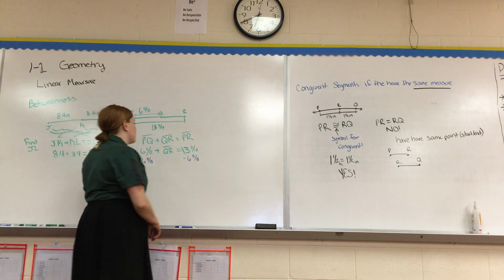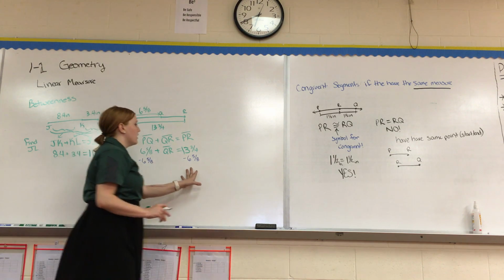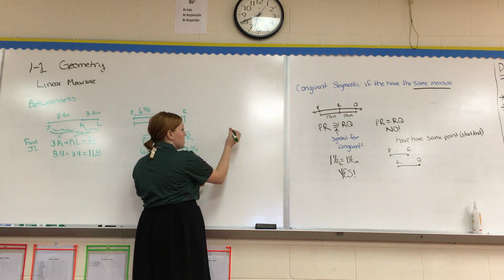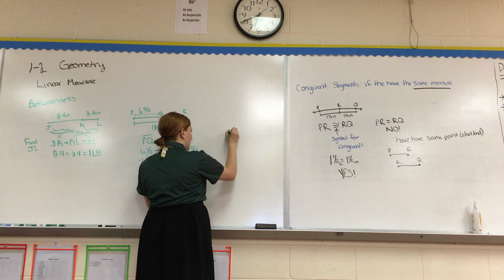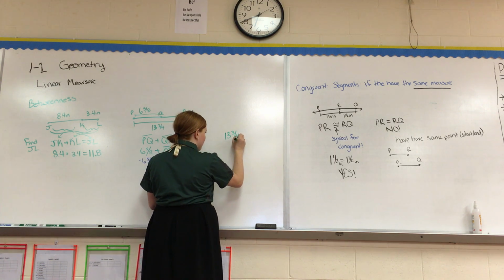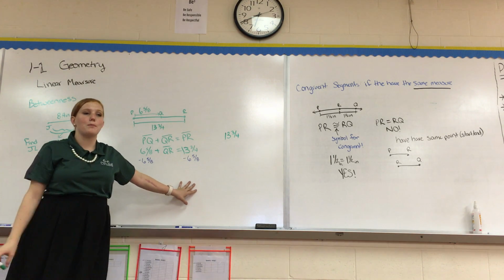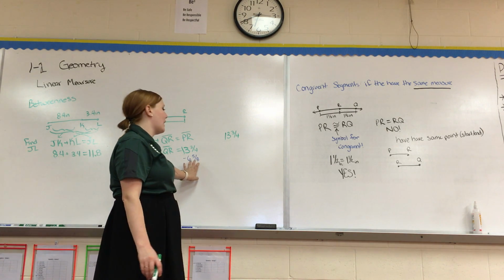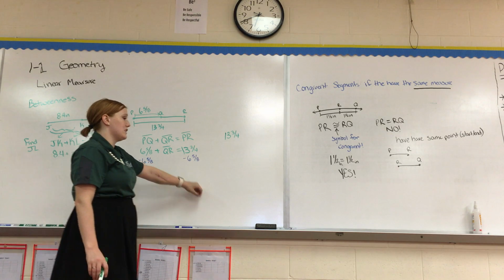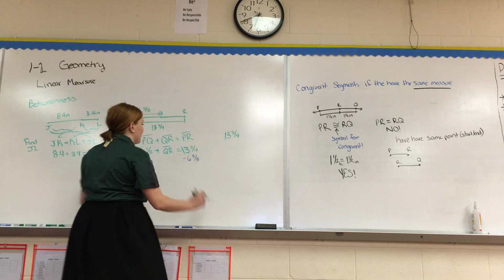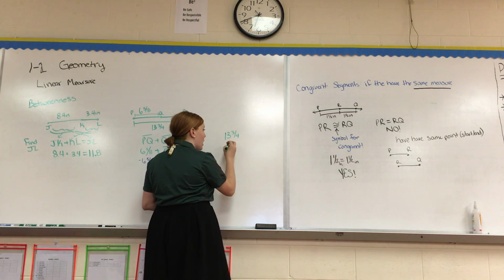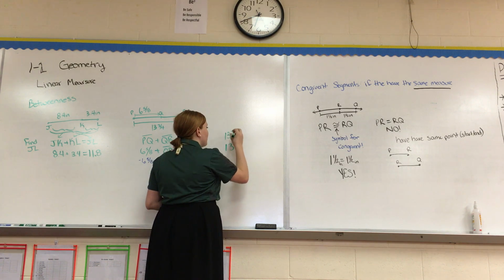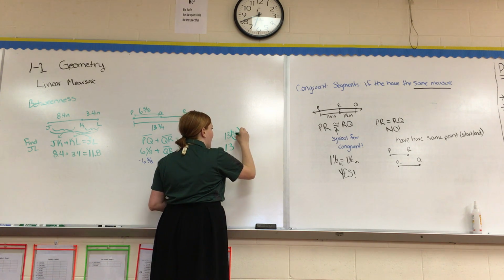Fractions. I know you guys don't like fractions. So, we're going to do this over here. 13 3/4. How do we convert this so that we can subtract 5/8? We need to get like bottom terms, like denominators. So we need to multiply this by 2.